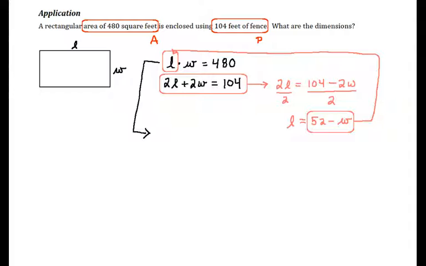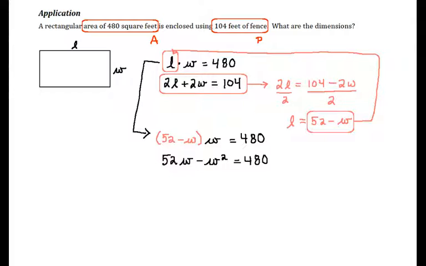In place of L, I have 52 minus W. W in this equation stays W, and the equals 480 also stays equals 480. So now I have a quadratic equation in W, which I'm going to multiply out and see if I can solve it by factoring.